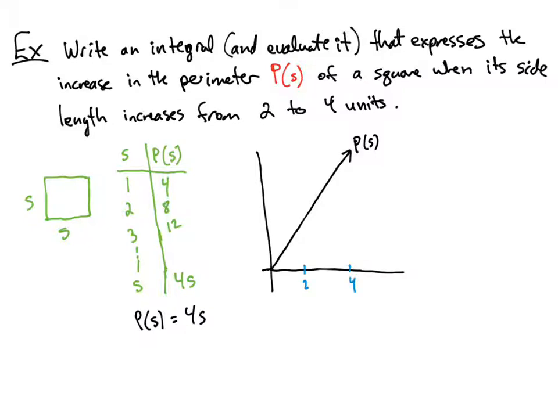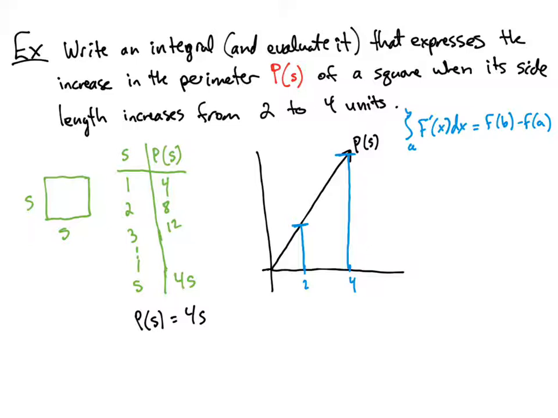One way to think about this is we want to find how much change has occurred when we go from 2 up to 4 units. And one way we can do this is to find the integral here. What the net change theorem is telling us is that if we integrate the derivative of some function from a to b, we end up with f of b minus f of a.